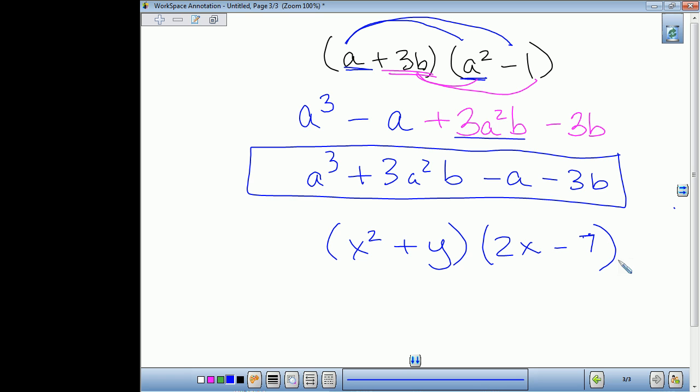Would it be x squared right here? Yeah. Just do it.